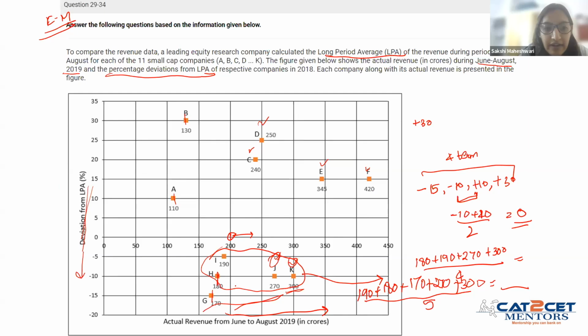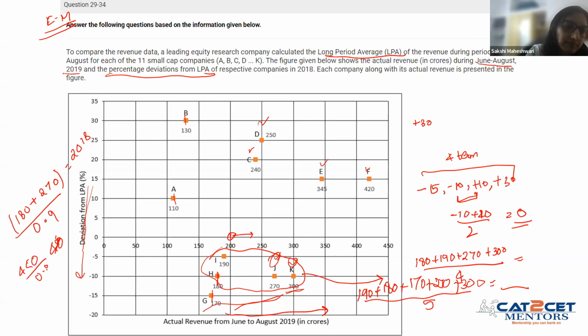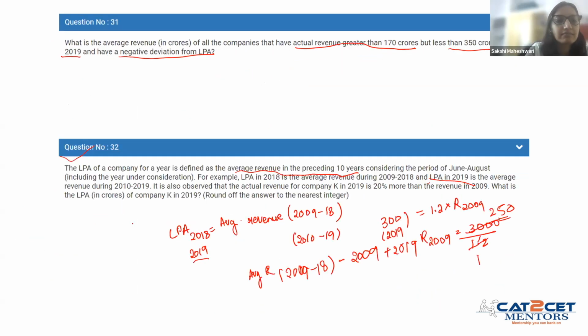So for the 180 plus 220, with deviation 0.9, this will give you 2018. So this will be, I think, 450 by 0.9. Are you getting how I got this 500?